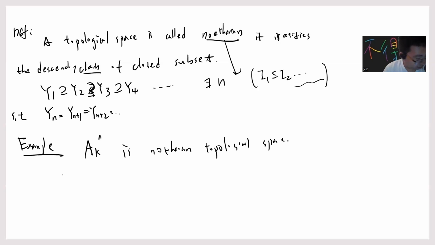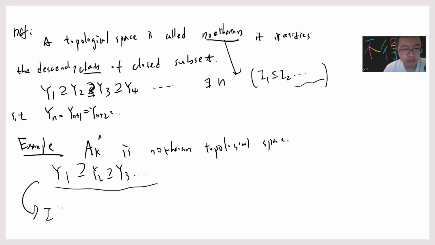If you have a closed subset, then by the Zariski topology, this closed subset corresponds to an ideal. You can take the ideal of all polynomials such that all these points are zeros of those polynomials. So you'll get an ascending chain condition.